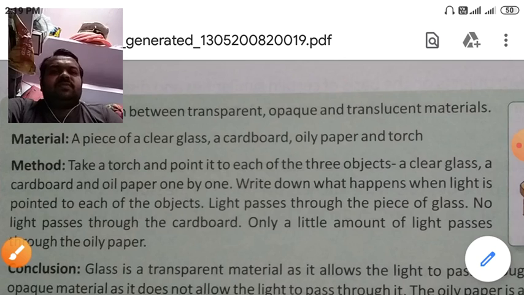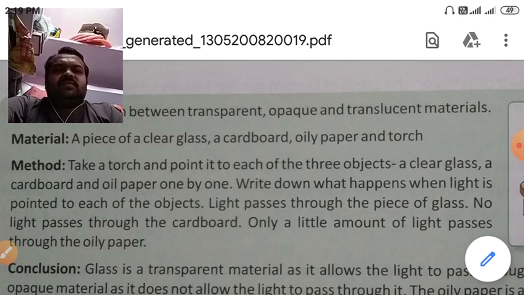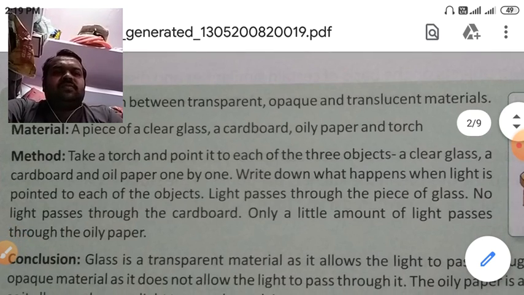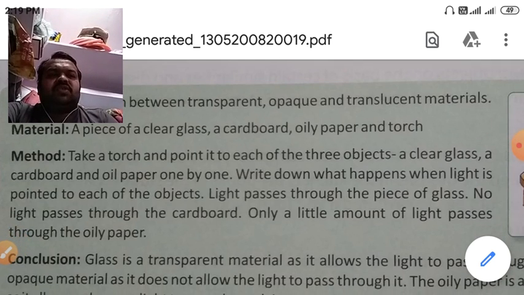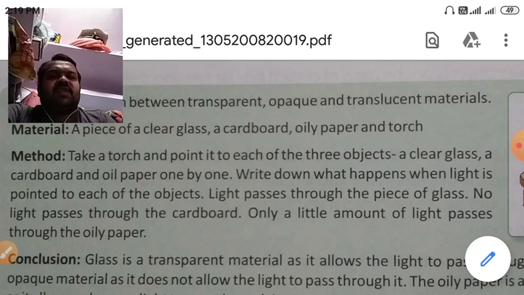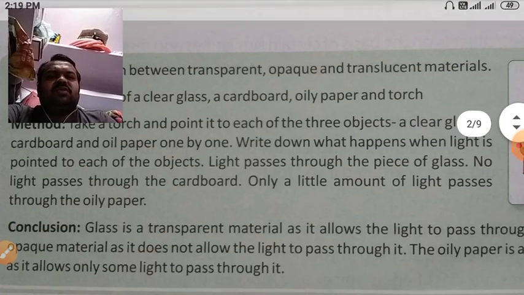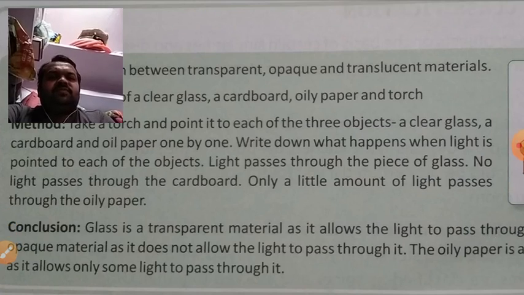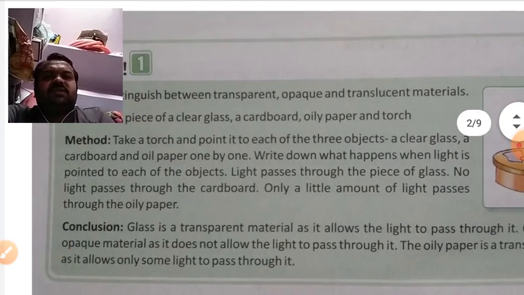So light passes through the piece of glass. No light passes through the cardboard. Only a little amount of light passes through the oily paper. So what will be the conclusion?